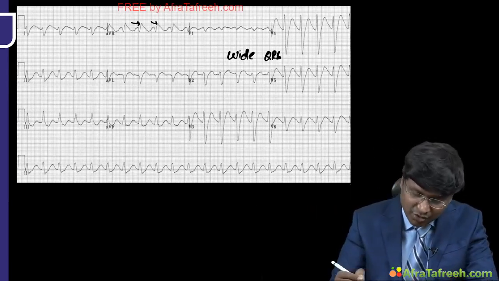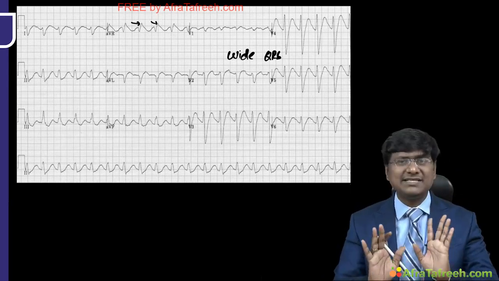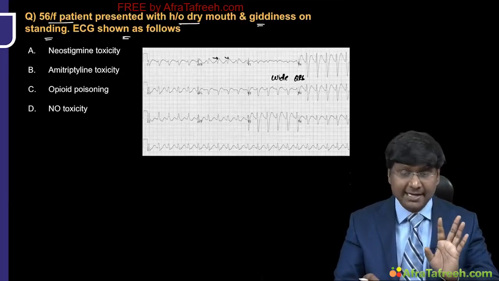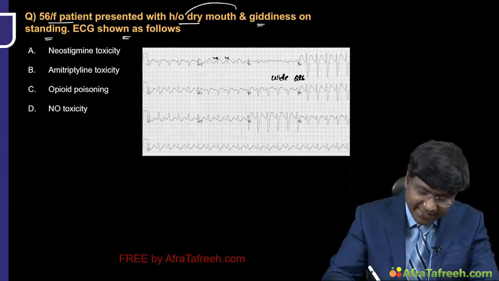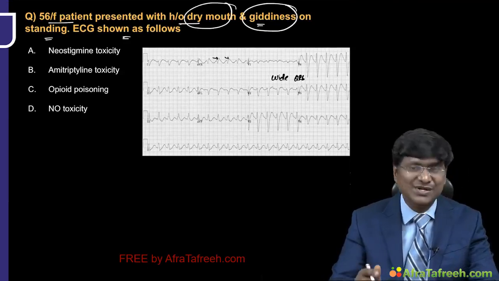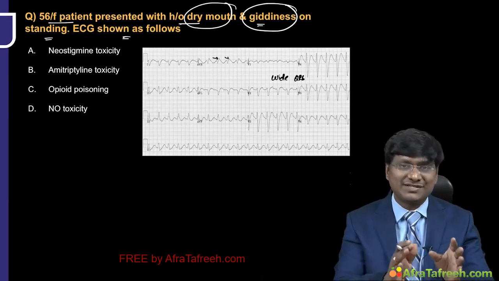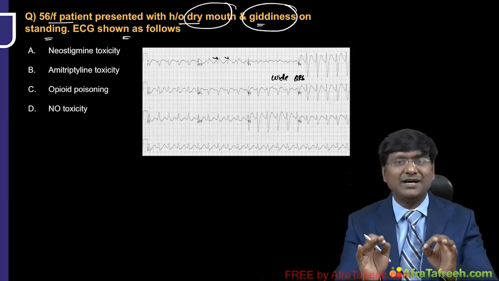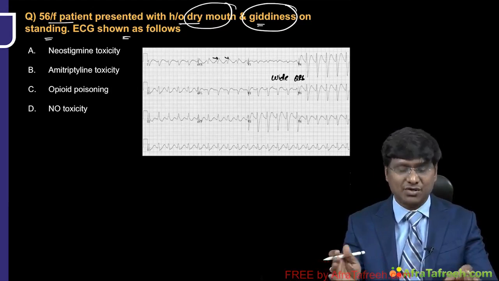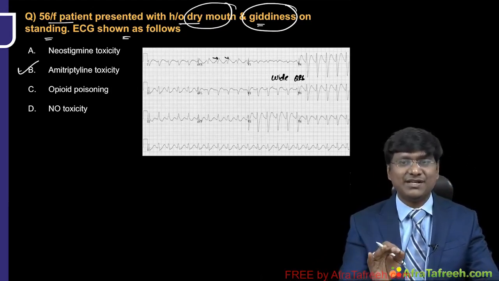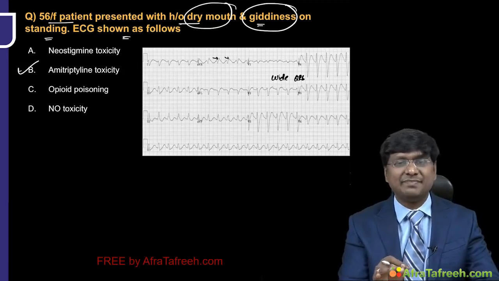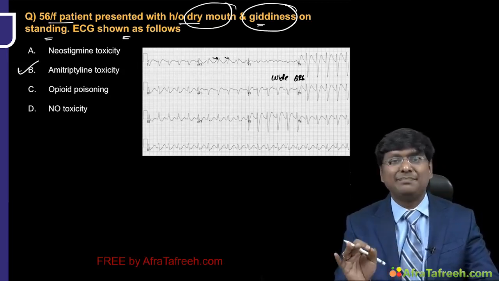That particular drug toxicity is associated with dry mouth as well as giddiness. So which drug toxicity will cause dry mouth and giddiness with dominant R wave in AVR with wide QRS complex? That is nothing but tricyclic antidepressant toxicity, and one of the tricyclic antidepressants here is amitriptyline.